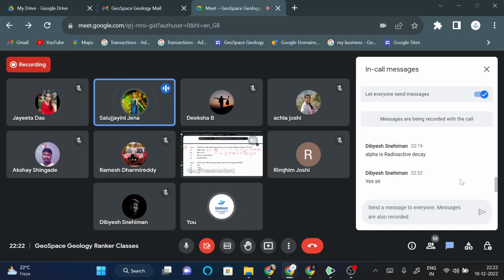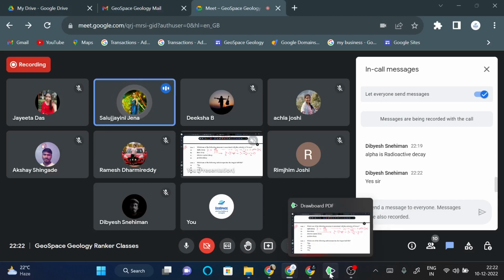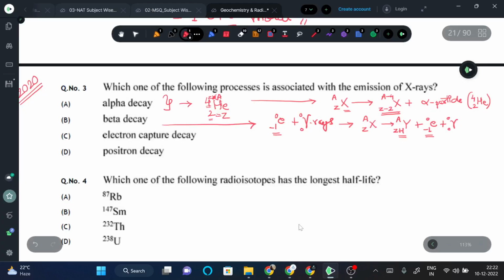Yes, sir. So actually, I know something like the beta positive decay and beta negative decay. Is there any difference between the two? Yes, that is positron emission. Here you can see in the last we have positron decay, right? So this is positron emission. Positron is basically this E, 0 plus 1.